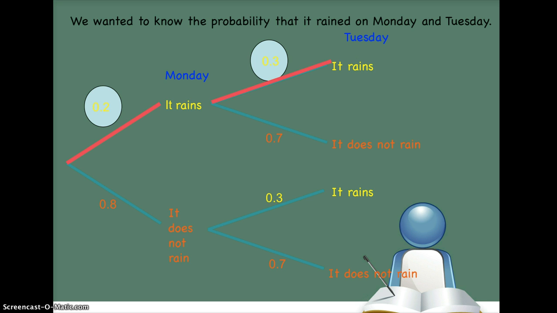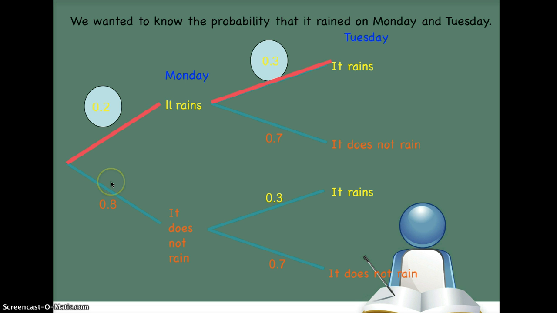6%. If we continue on, if we want to find out the probability that it rains on Monday and then it doesn't rain on Tuesday, all you have to do is get 0.2 and multiply it by 0.7, and so you will have 0.14 or 14% probability. I would like you to keep going and do it on your own.